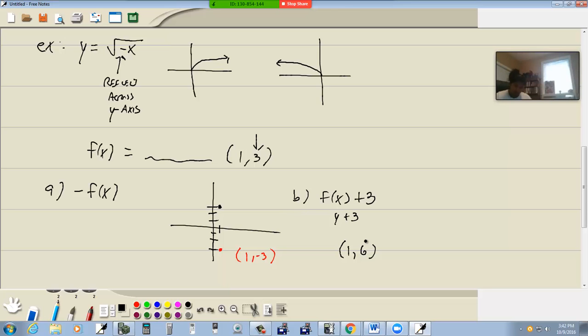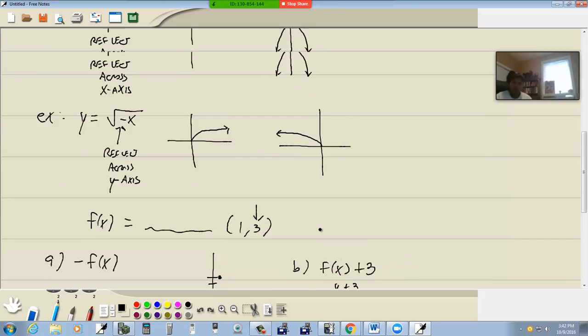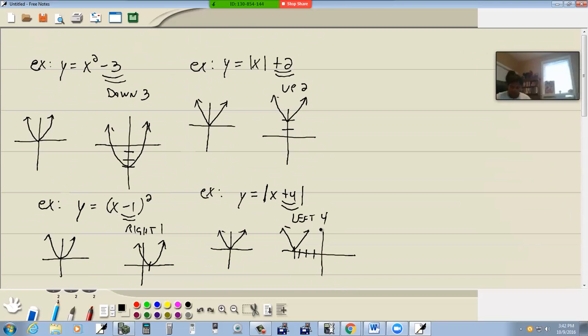So it's a little bit challenging to think about how does that affect the points. Sometimes you have to graph it, like my first example here. Sometimes you just maybe can think it through, and you can see what it's referring to. I'm going to go ahead and erase those. Those are basically our transformations.